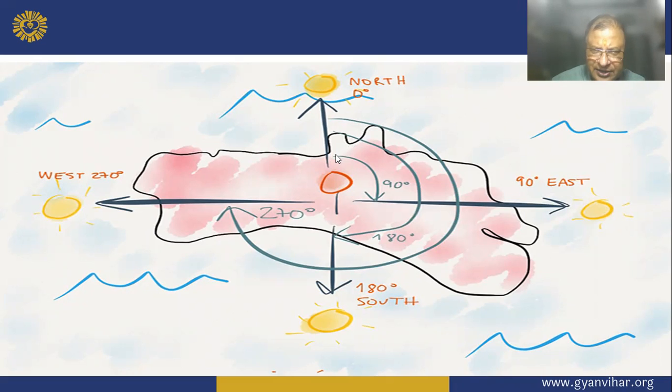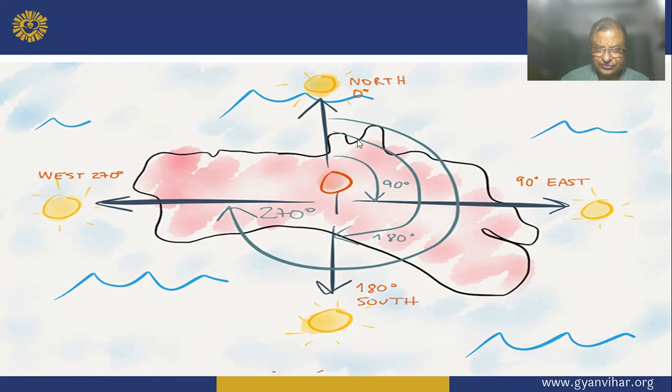So dear boys, from here to here, this is 90 degrees, and here to here, this is 90 plus 90, 180 degrees. Here you are measuring all the bearings from north, because that is 0 and you start from 0.